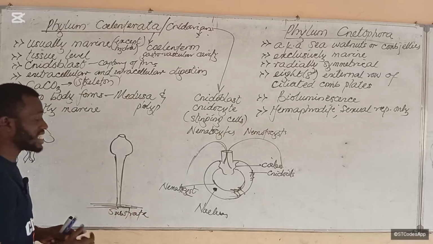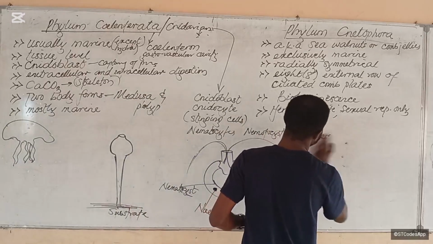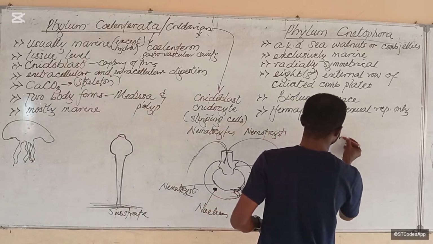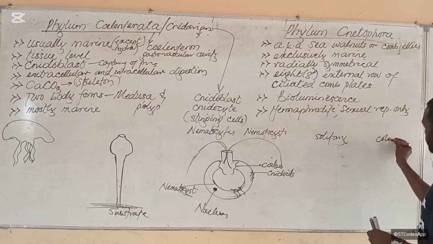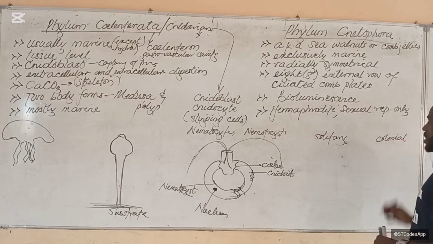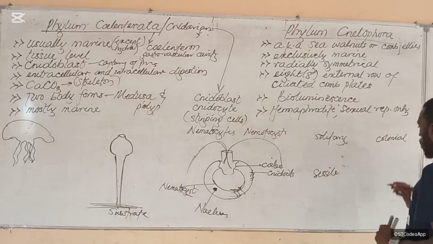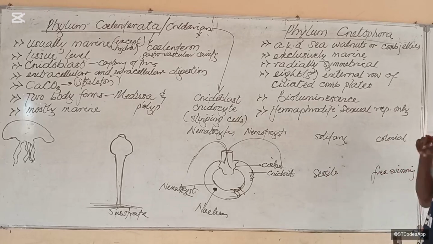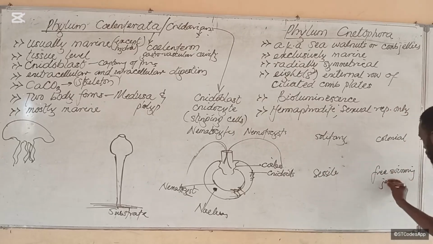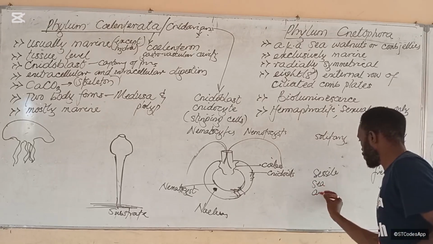Why? Because there are two forms: they can either be solitary, which means living, staying alone, or exist in colonies, or colonial. Then they can also be sessile, meaning that they don't move, or free swimming. An example of one that is free swimming will be jellyfish. An example of one that is sessile is sea anemone.